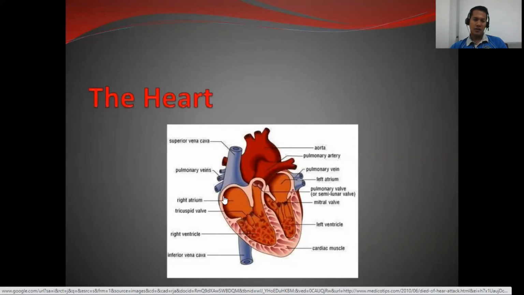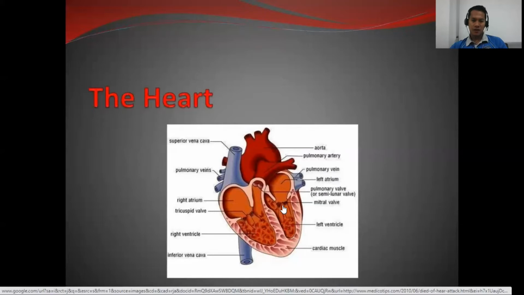The blood is not supposed to be flowing back from the right ventricle to the right atrium because that's dangerous. That's to ensure one-way flow. Going here and going out. That's the function of the tricuspid valve.